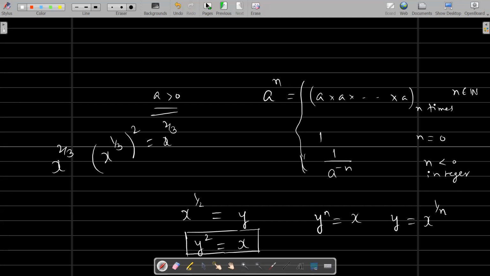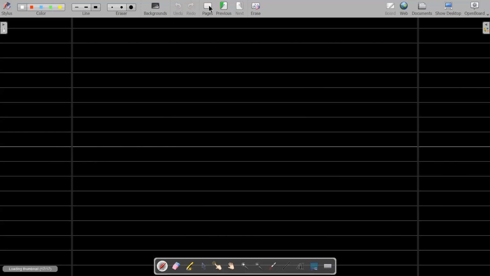And now suppose I have some irrational number like root 2. So you find some sequence of rationals which converges to root 2, x1, x2, x3, and so on, which goes to root 2.